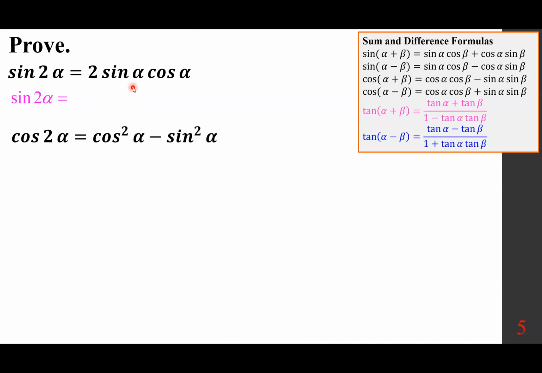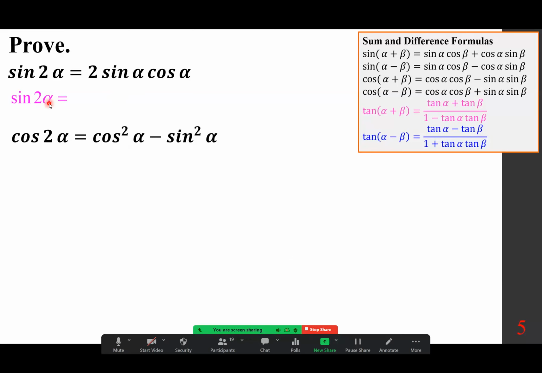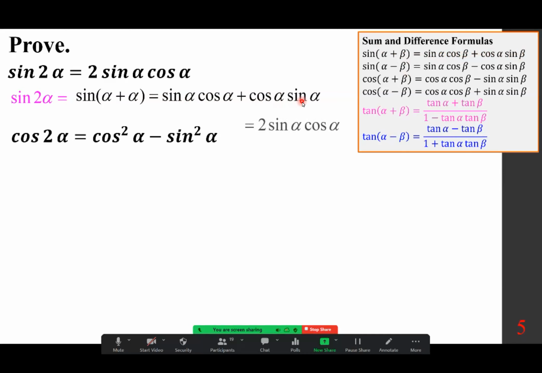To prove that, we write sine of 2 alpha as sine of alpha plus alpha. Over here, we are going to use this formula. Instead of beta, we're going to use alpha. So according to that, sine of alpha plus alpha is sine alpha cosine alpha plus cosine alpha sine alpha, and that is 2 sine alpha cosine alpha.